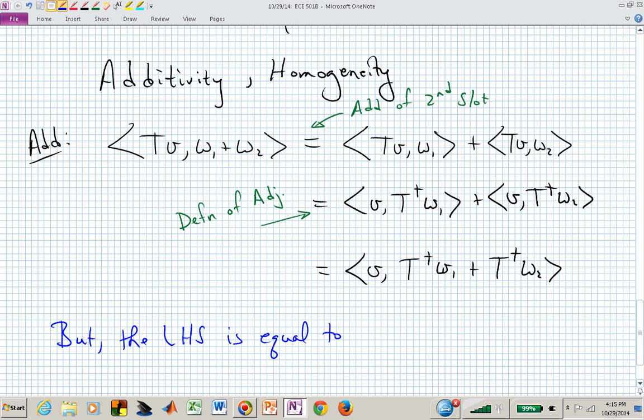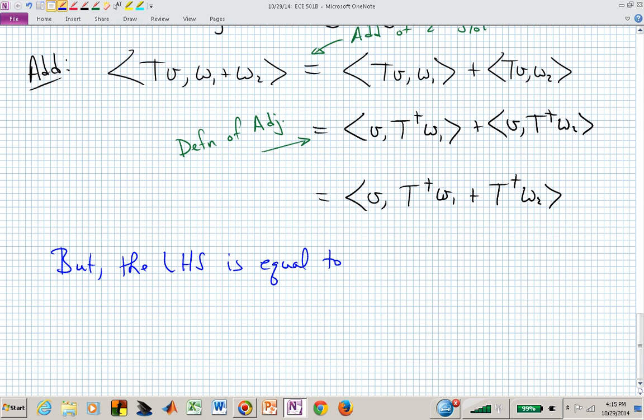If we again apply our definition of the adjoint, if somebody gave you this inner product on the left-hand side, <TV, W1 plus W2>, if you invoked the definition of the adjoint, what would that have to equal?